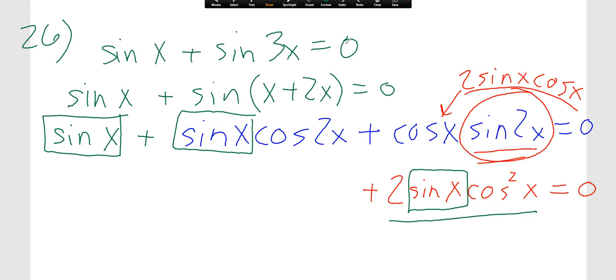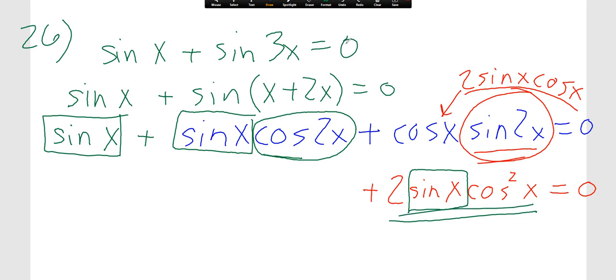Now that is giving me a clue, folks, about what I think I should be replacing this with. Because you remember, cosine 2x is the one you struggle with because there's 3 options. So what are you going to put in there? What is your gut telling you? The 1 minus 2 sine squared? I don't think we should do that.